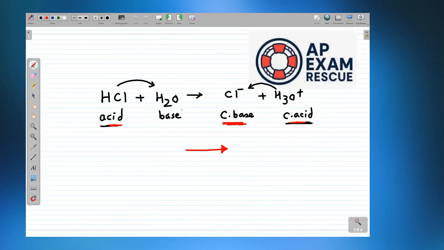Usually one direction only is controlling the scenario, right? One direction only is controlling the scenario more than the other. Right? Let's see the solubility equilibrium of barium fluoride, for example.